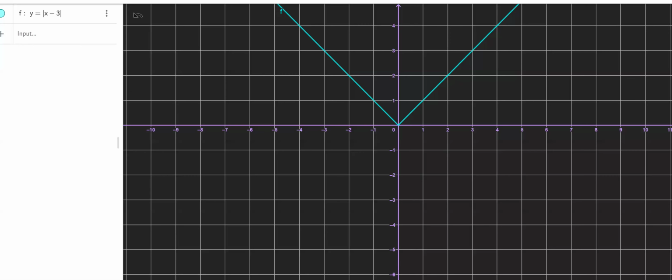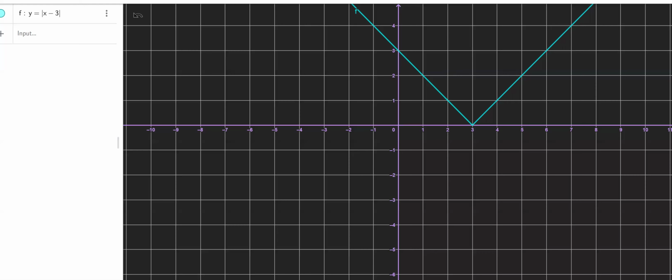So if you subtract 3 from the x, it will go 3 steps to the right. Look here how it becomes. This is how its graph will be. As you see, it was at 0, 0 and it moved to 3, 0. That means it moved 3 steps to the right.